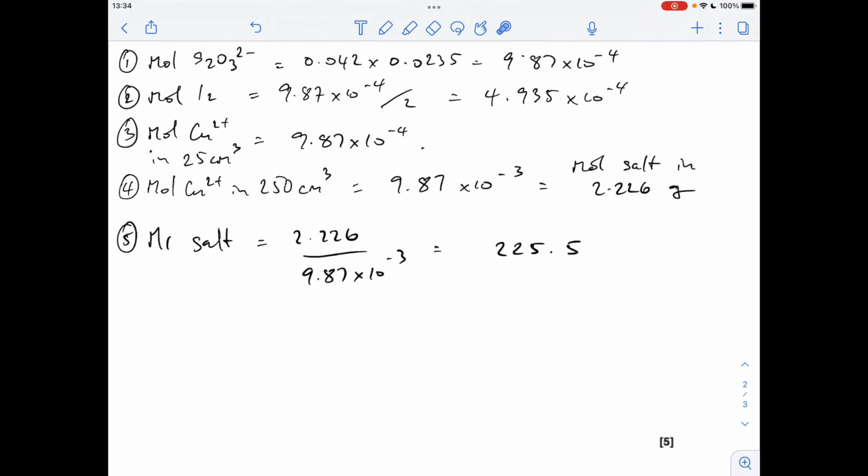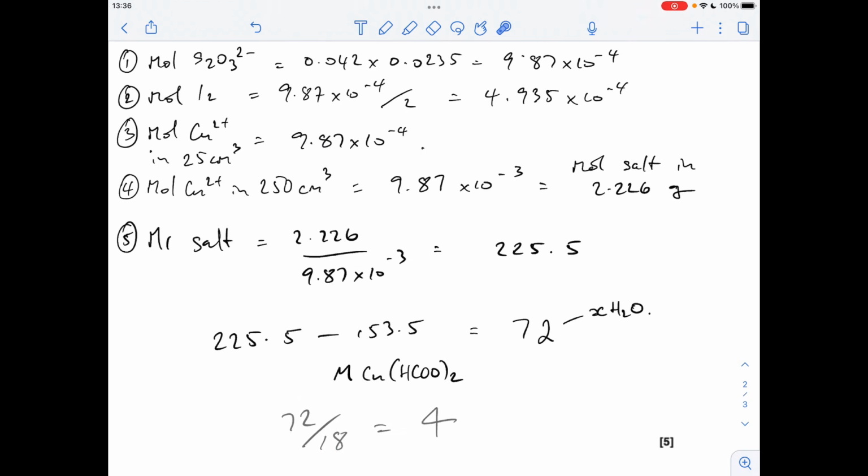That means the Mr of the salt is the mass over the moles, 225.5. If we subtract from that the Mr of this part of the salt, that leaves us with 72 for the xH2O part. Then divide by 18, the Mr of water, and we get x equals 4. Which means that the full formula of the salt is Cu(HCOO)2·4H2O.